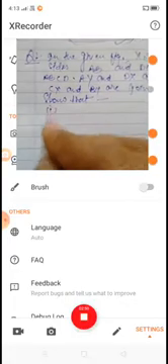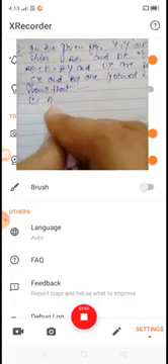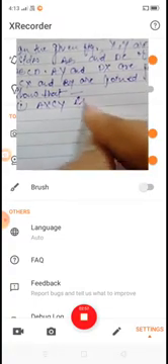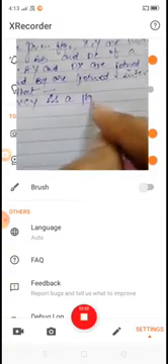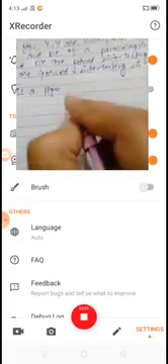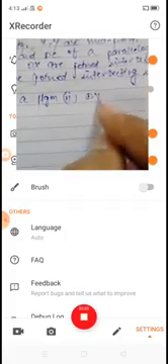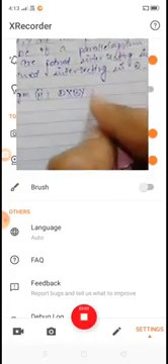First point, AXCY is a parallelogram. Second one, DXBY is a parallelogram.